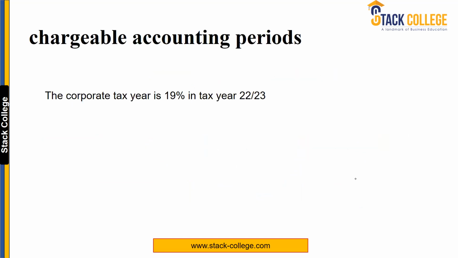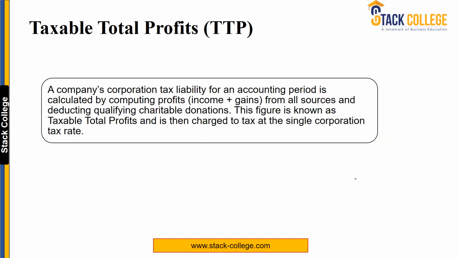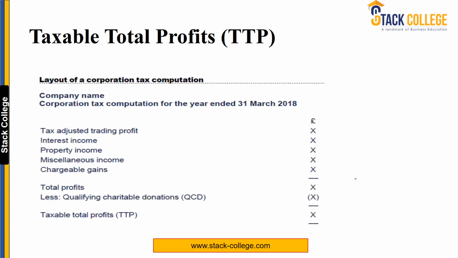Now, as far as corporation tax is concerned, in order to calculate it we have to combine all the income of a company, and we have to use this pro forma to calculate the total taxable profit of the company, on which we'll apply the tax rate. In this pro forma, first of all, identify all the possible income of the corporation. If a company is trading, then it's the tax adjusted trading profit.